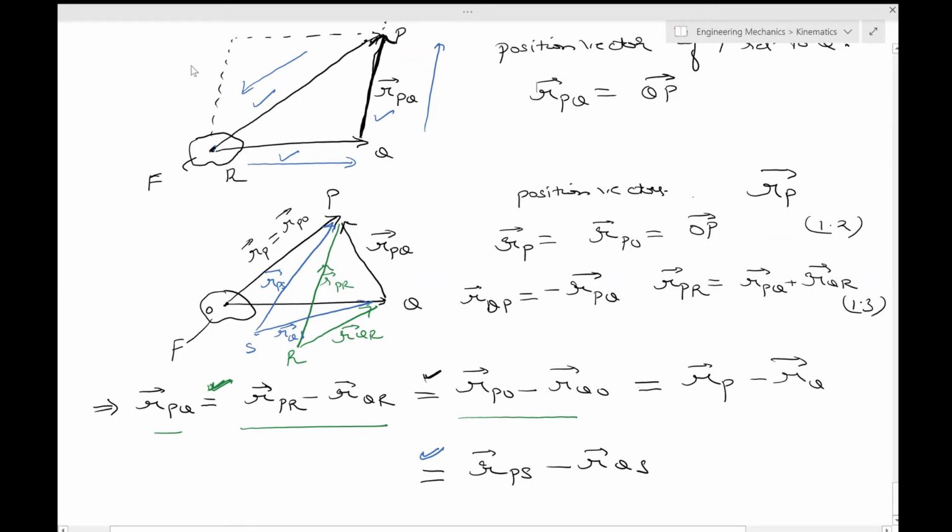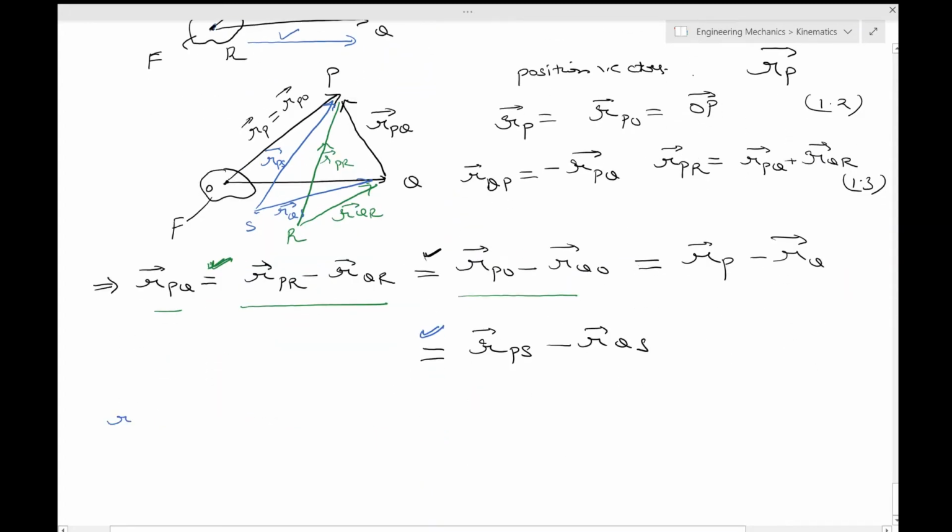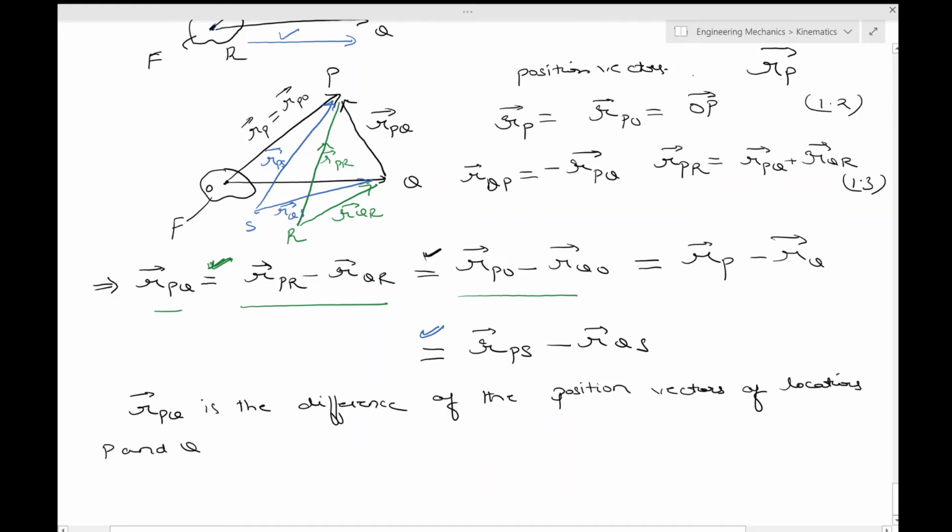So what this means is that this vector RPQ is the difference of the position vectors of locations P and Q with respect to any location.